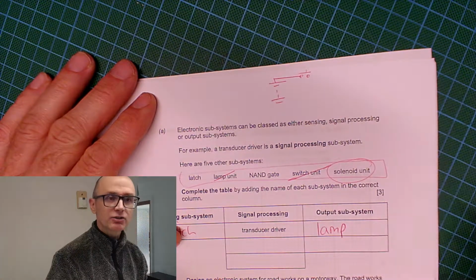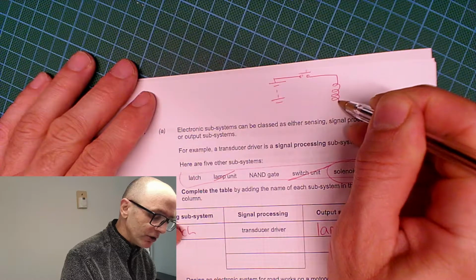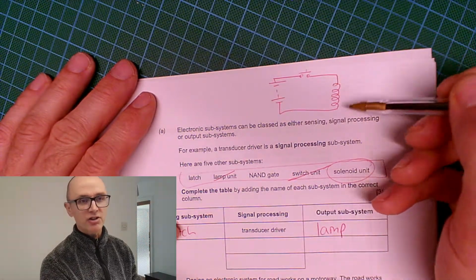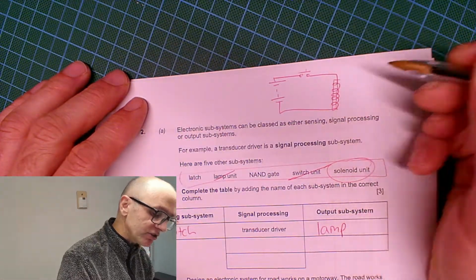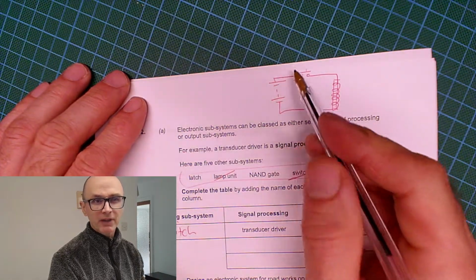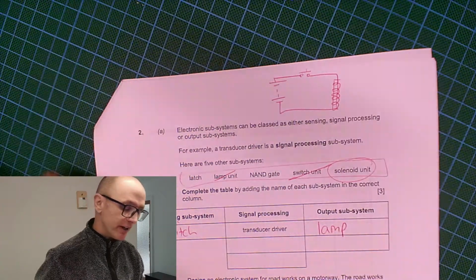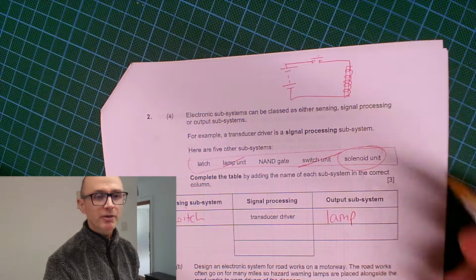Let's have a switch, and then let's have a coil, an electromagnet like that. So when I press the switch, it's going to energize the coil, and you're going to make that into an electromagnet. Let's stick a permanent magnet down there, and I think you probably know that when the coil is energized, the magnet might go one way or the other, and then maybe have some sort of spring for a return or something like that.